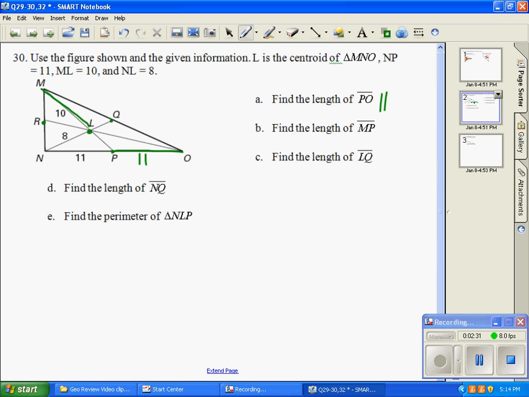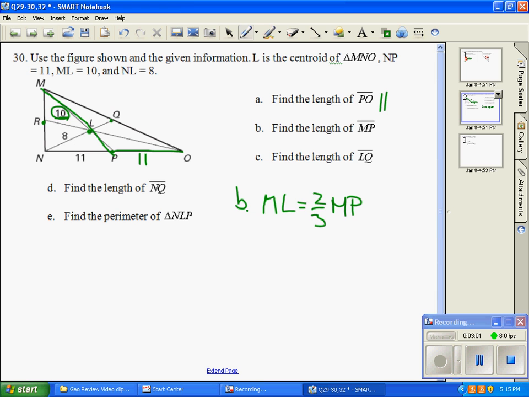Okay, MP is right there. Now we know this part right here, ML is 10. So remember that ML is 2/3 of the full segment. So we have ML equals 2/3 of MP.